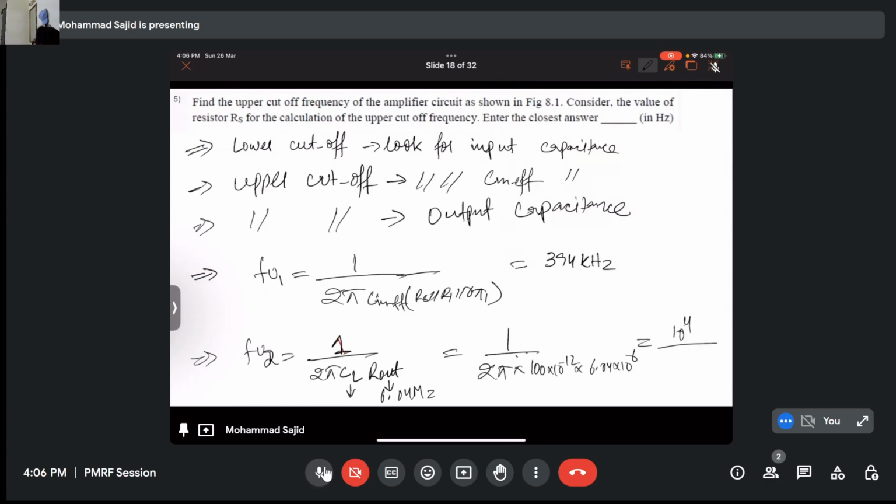This will be 2 pi into 6. That will be 1000 divided by 2 divided by 3.14 divided by 6. That's correct. So this is 265.4 hertz. So this will be your upper cutoff because it is the minimum of the two, right?